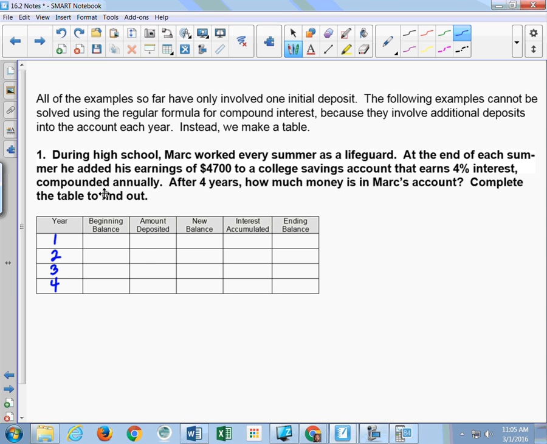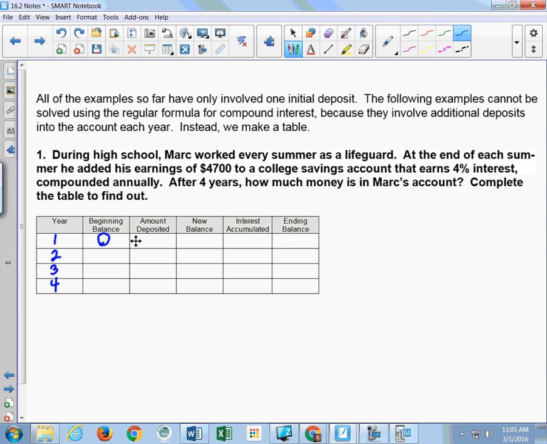It says during high school, Mark worked every summer as a lifeguard. At the end of each summer, he added the earnings of $4,700 to a college savings account that earned 4% interest compounded annually. After 4 years, how much money is in Mark's account? Complete the table to find out. So for year 1, he started with nothing.